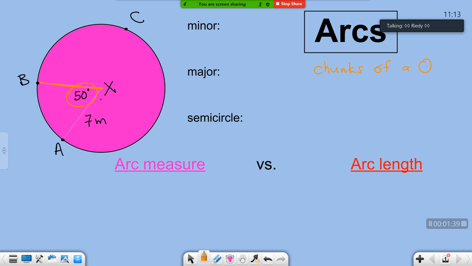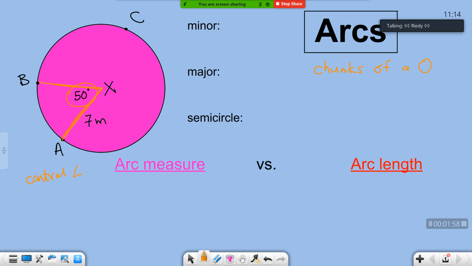And this angle here is formed by connecting 2 points on the circle to the center of the circle. That, by the way, is called a central angle. So the arc measure is the same as the central angle measure.